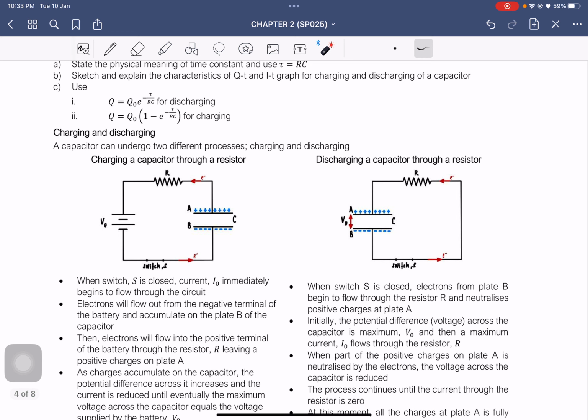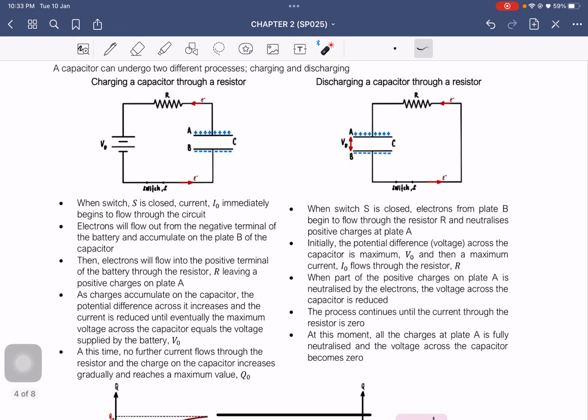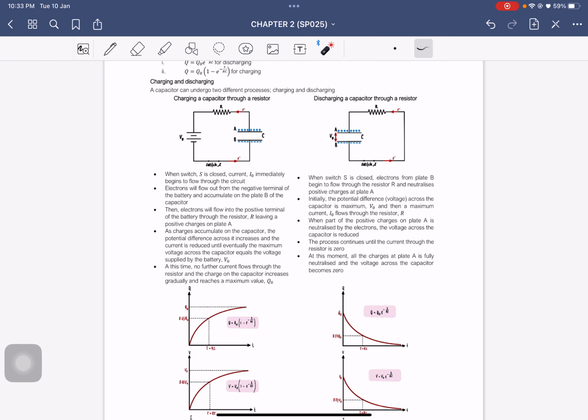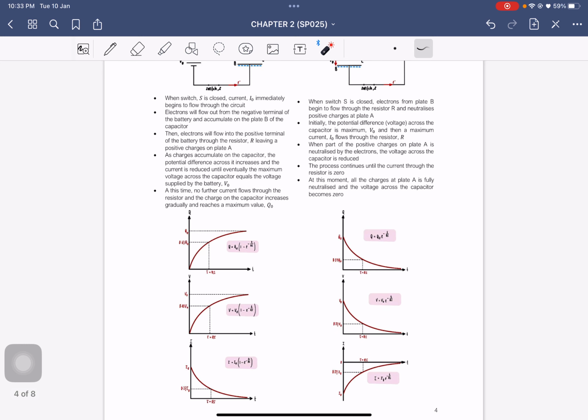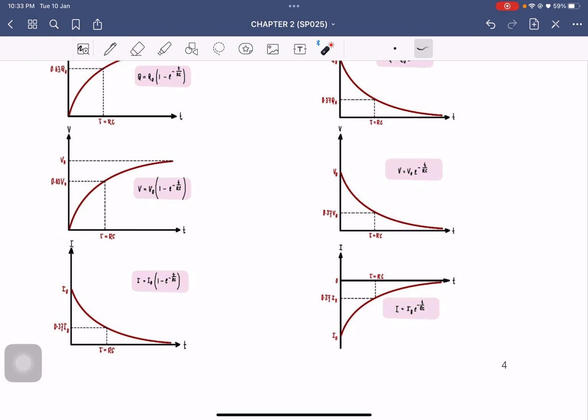So yes, okay, that one is correct. This one is discharging, this is charging. But my graph here, oh, it's right, charging, discharging, and one of it is flipped, just the graph. But I'll fix it before I upload it, like usual.